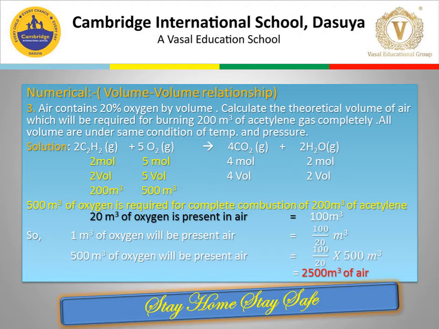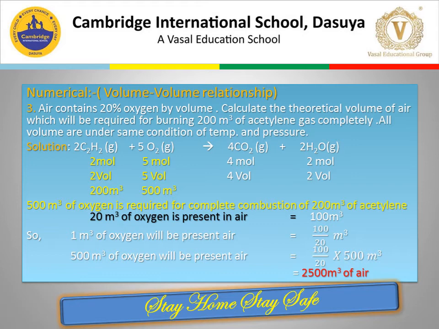So 2 mole of acetylene means 2 volume of acetylene, 5 mole of oxygen means 5 volume of oxygen. And according to the question, 200 meter cube of acetylene will require 500 meter cube of oxygen.